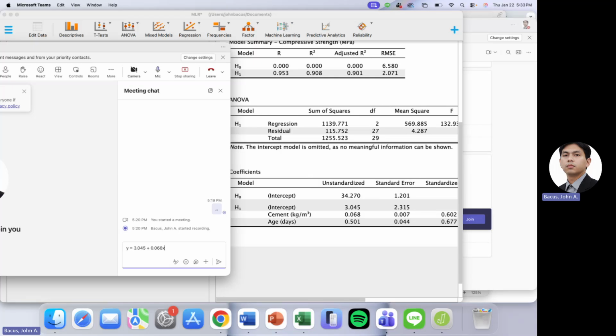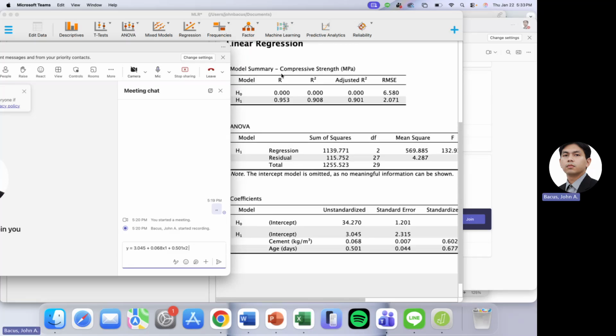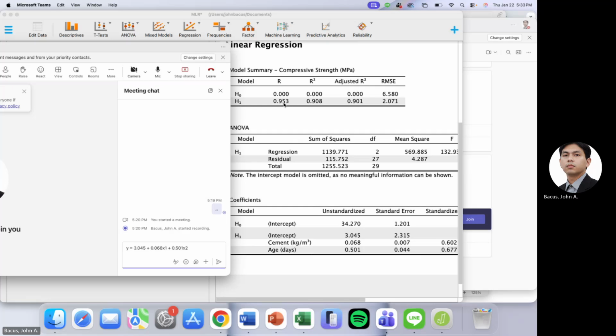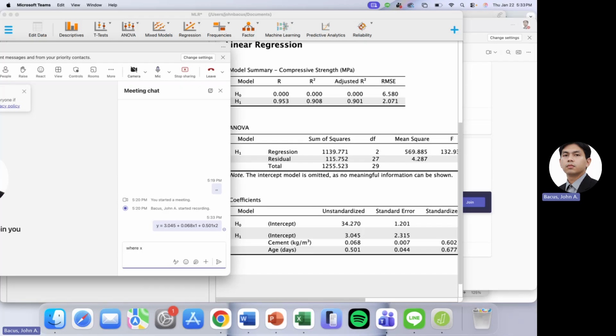For example, let's name that x sub 1, yung cement, no? Ang x sub 1. Then 0.501 x sub 2 plus yung epsilon. Paano ba yung epsilon? Or pwede nang wag lagyan ng epsilon. Kasi nga may residuals or yung error left which is about 10% or 9.2% na kailangan pa nating hanapin that affects the compressive strength.